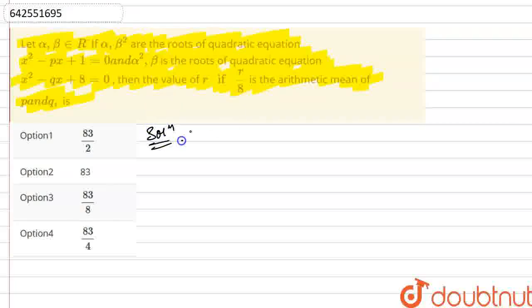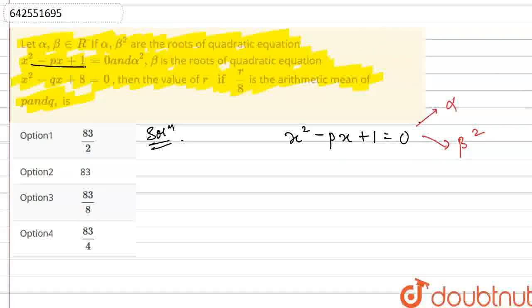Firstly we'll see this equation, x square minus px plus 1 equals 0, and it is given that it has roots alpha and beta square.